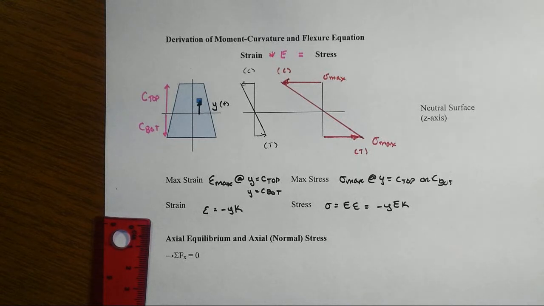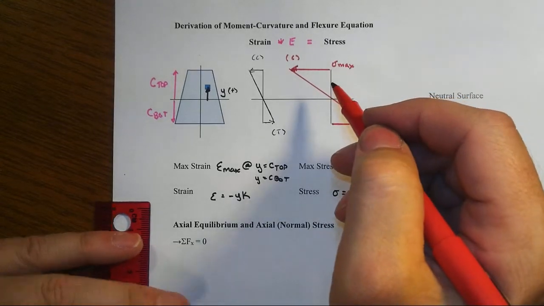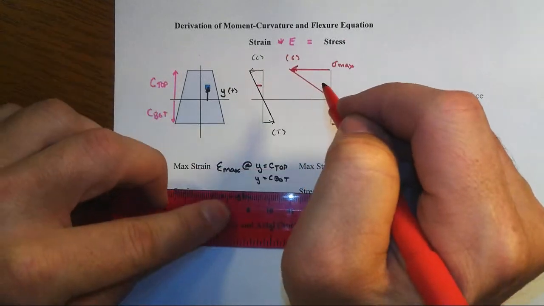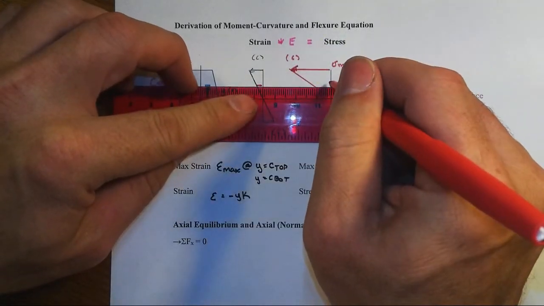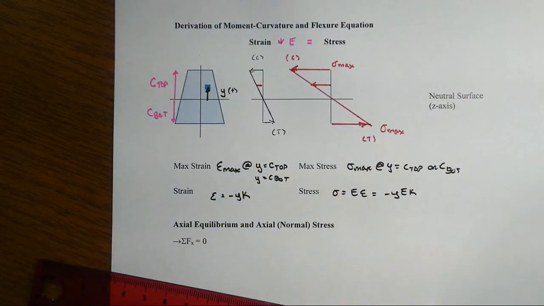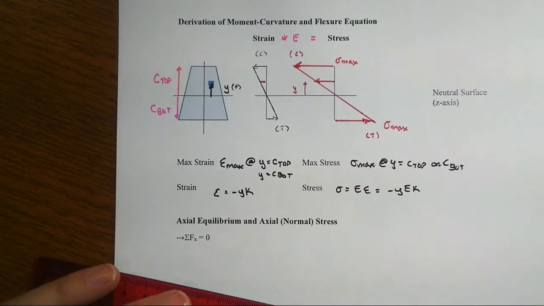Alright, so now let's start doing some real statics here. And so at a distance y up from the neutral axis, there's your strain value and there's your stress value, right? Again, at a distance y up from the neutral axis, right?